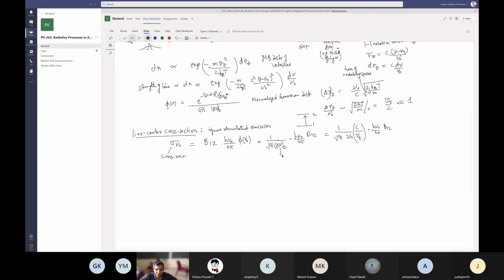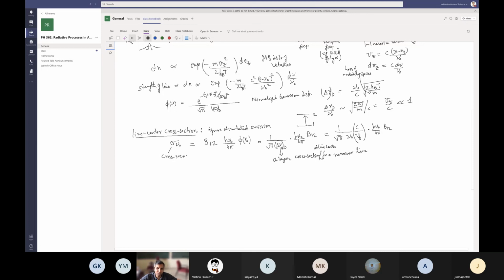So what it means is that we get a larger cross section at line center for a narrower line, right?